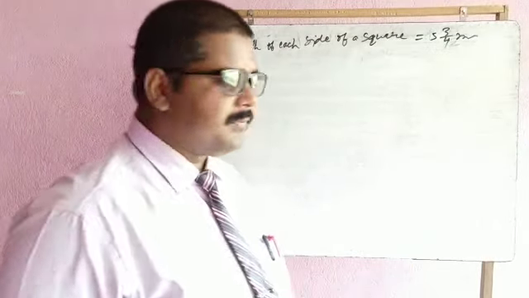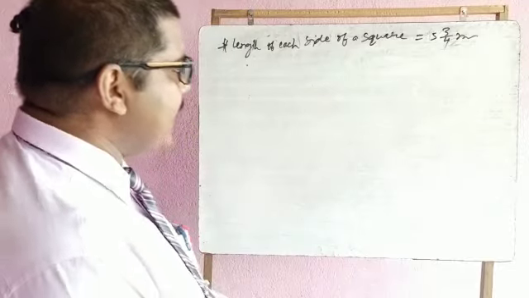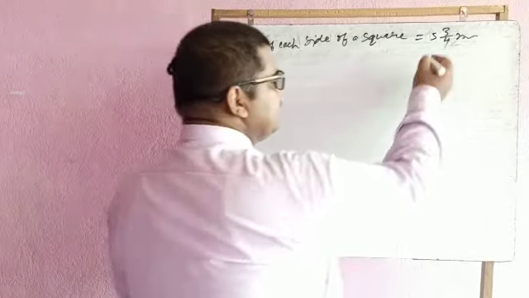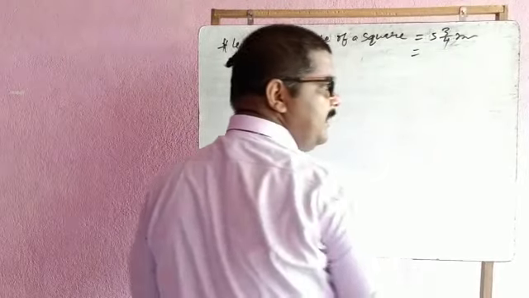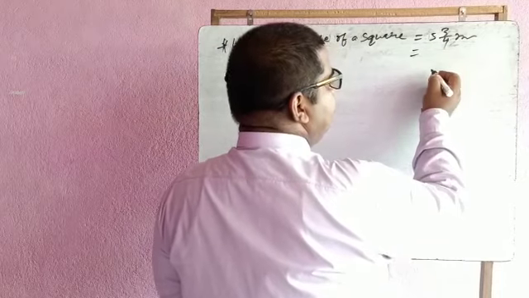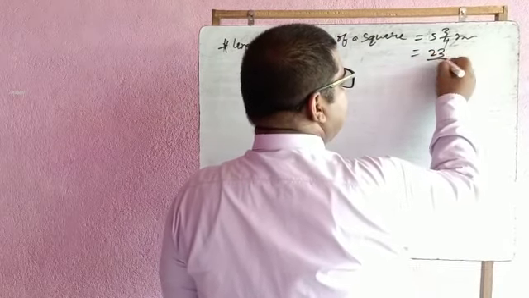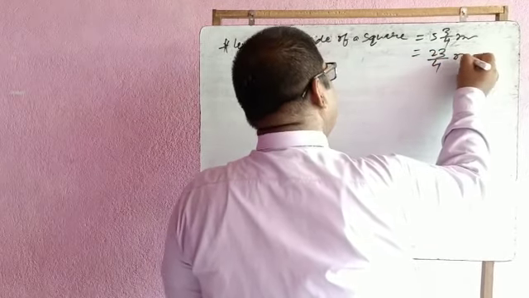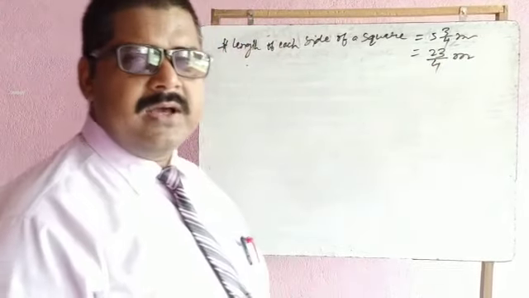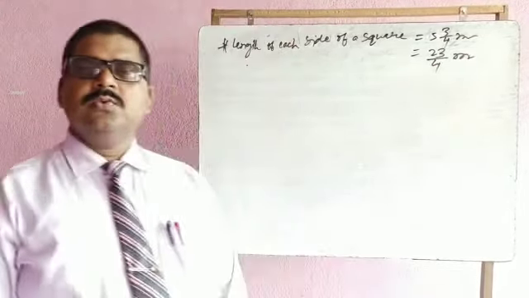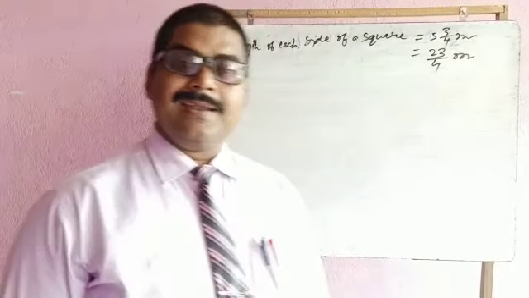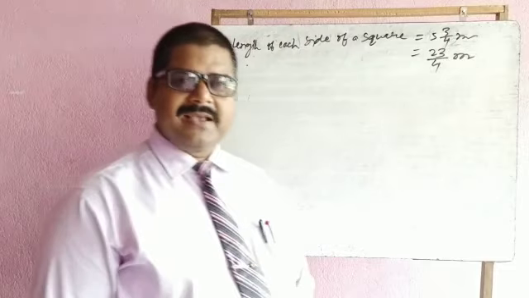Actually, in this question, the length of each side of a square has been given as 5 whole 3 upon 4. Since it is given in mixed fraction, you have to convert it into an improper fraction, and it will be 23 upon 4 meter. Now you need to find the perimeter of the square.